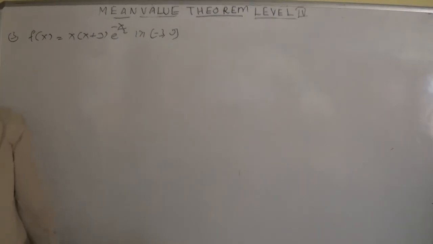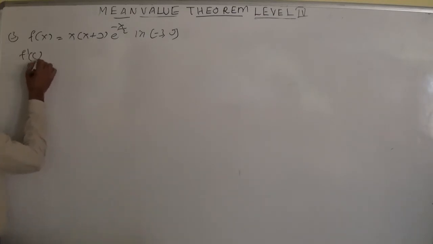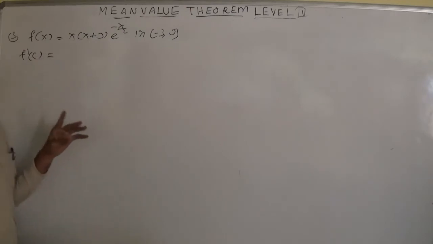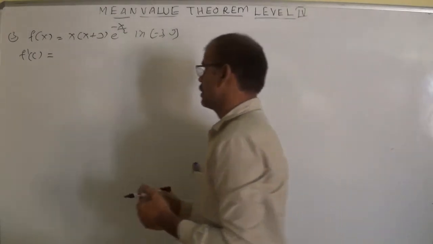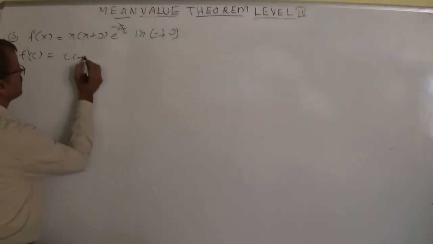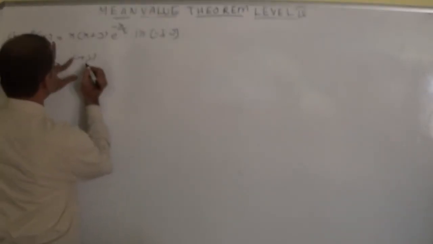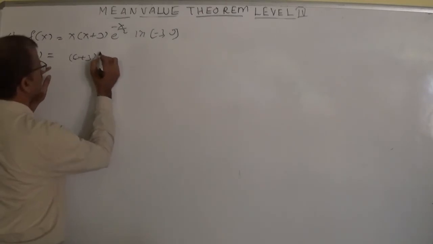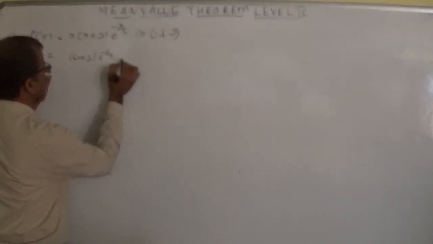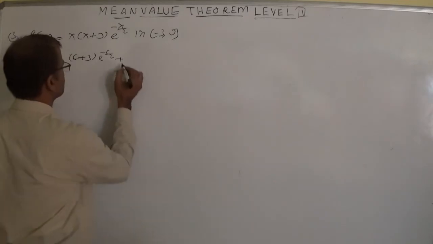So let us discuss the derivative of the function. f dash c is equal to, this is the UVW method, u dash VW plus UV dash W plus UVW dash. First x derivative 1, so you write c plus 3, this is bracket c plus 3 into e power minus c by 2 plus, this is u dash VW completed.